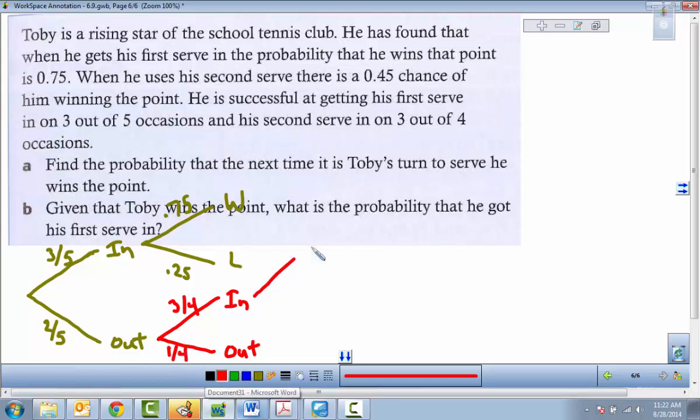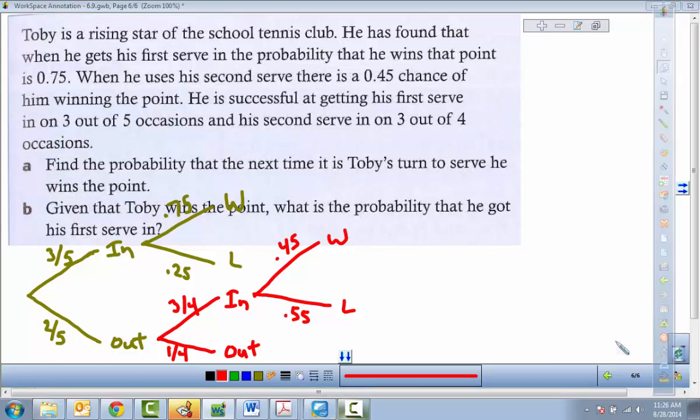So if it's in, what's the probability that he wins? Well, it's 0.45. And losing would be 0.55. So he's going to hope that it's in on his first. Okay, so we have this tree diagram made.